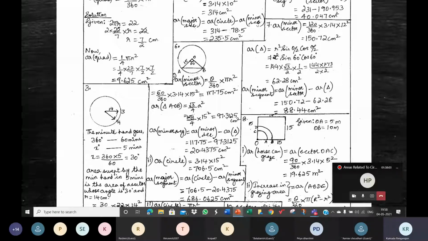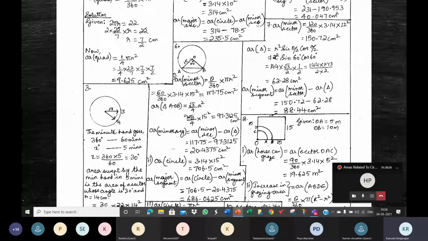Since 120 is less than 180, the corresponding segment will be a minor segment, something like this, because the sector angle is 120. See, this is a different figure, children, this is of the 6th one. So assuming this is 120 here, as in the 7th one, and the radius is 12 centimeters.